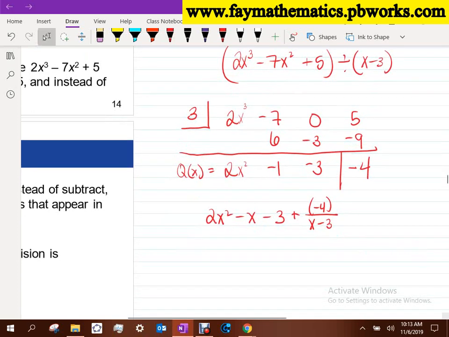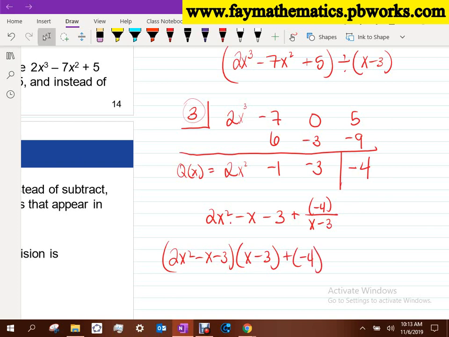Or, if you want, you can think 2x squared minus x minus 3 times x minus 3, so my quotient times my divisor, plus my remainder should equal my original polynomial. Should equal that thing right there.